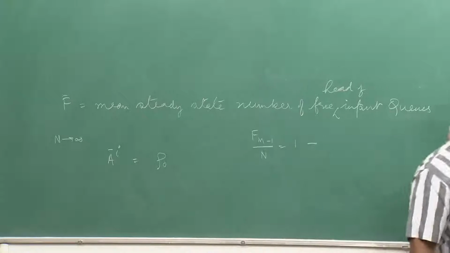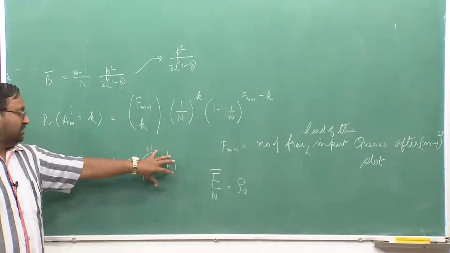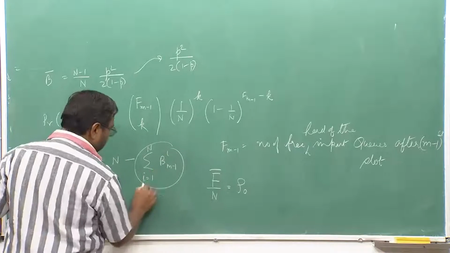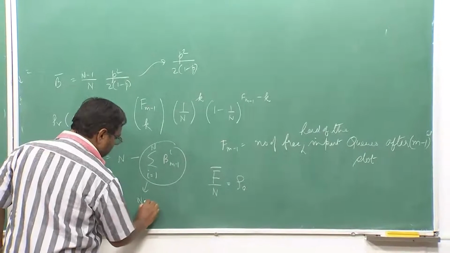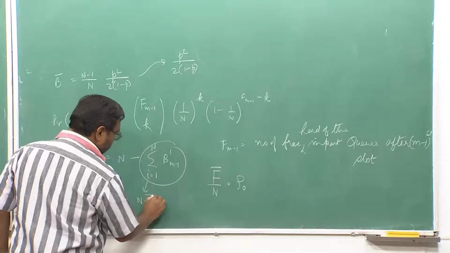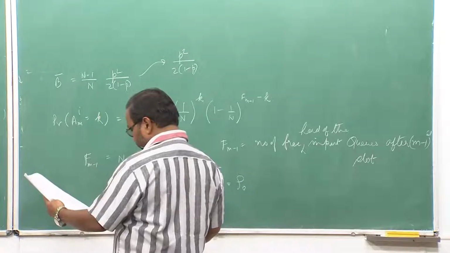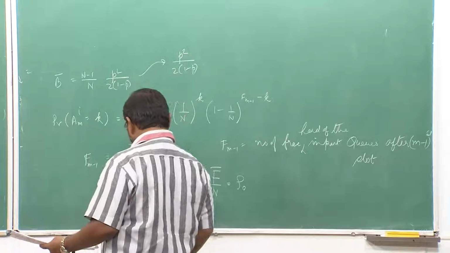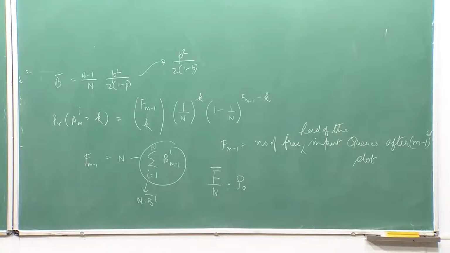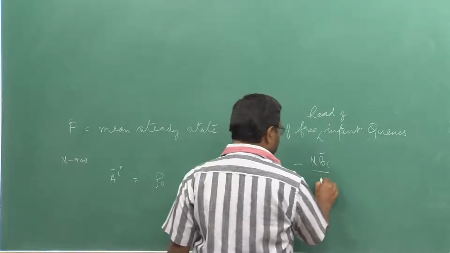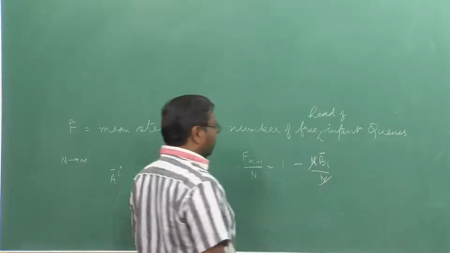If I know the steady state average value of this multiplied by n, it should be equal to this summation. So this should be n into B bar, n into B i bar. So I can write this as n into B i bar by n.